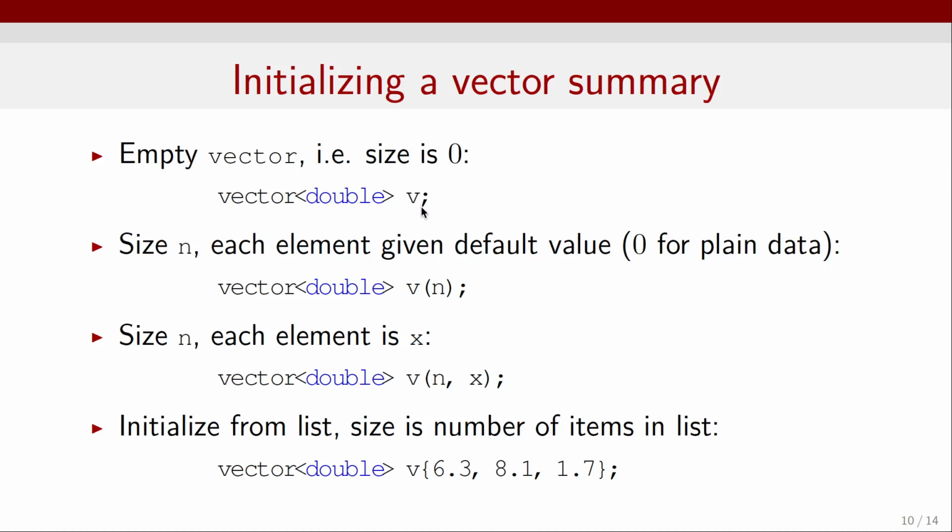And then that's just declaring it. I haven't filled in any of its elements. Then if I want to create a vector of a certain size n, I can say vector double v and then the size of the vector in parentheses.